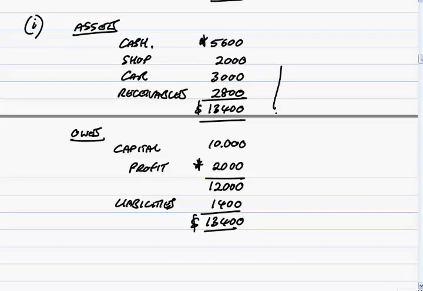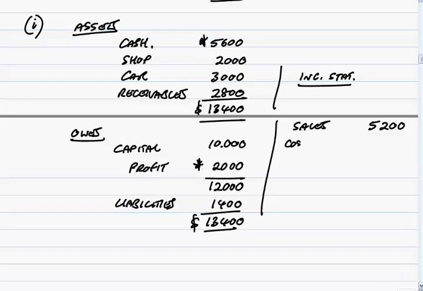But let's check it. Let's do our income statement. We already know the reason we're making profit. We sold goods. What was it? 5,200 in total. The cost of what we sold, the inventory, was 3,000. The profit was 2,200.